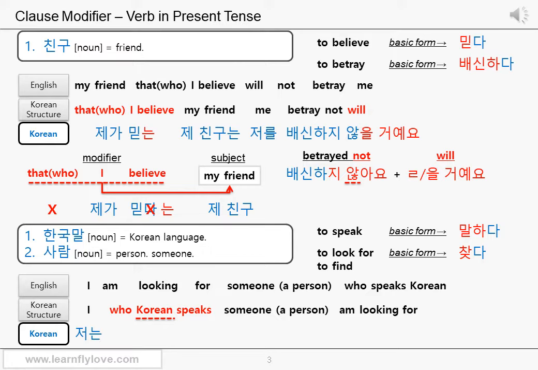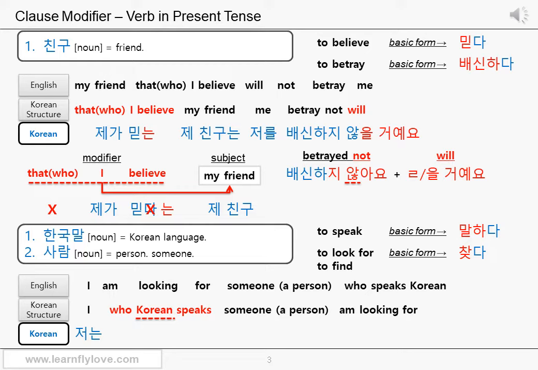Korean language is 한국말 or 한국어. Let's use 한국말 this time. The basic form of the verb speak is 말하다. The stem is 말하.